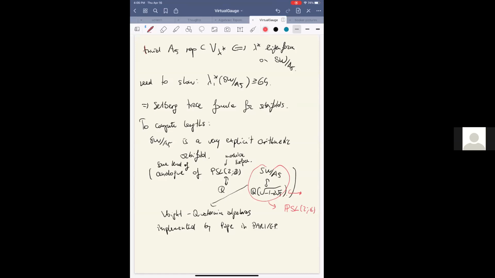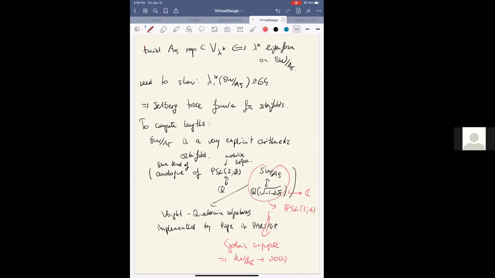That's the isometry group of hyperbolic space, and that corresponds to the embedding of this field inside C. But this field also has some embeddings inside R, and if you take the Galois conjugate of this embedding, you go inside SU. So if you take the Galois conjugate, you will get a representation of this orbifold A5 into SO3, and that leads to a representation into SU2, which is irreducible.